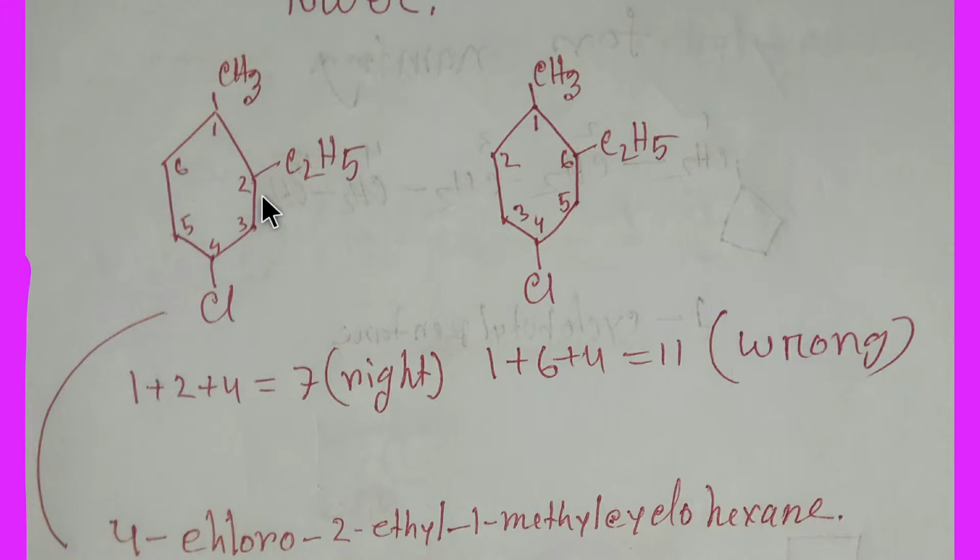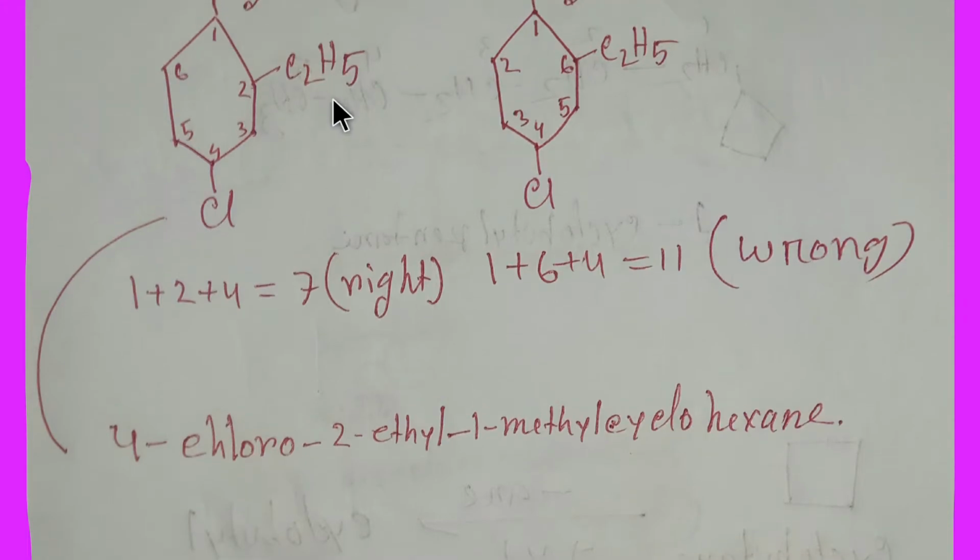This is 1, this is 2, this is 4. The summation of these three numbers is 7, but if you number this compound anti-clockwise, then you get 1, 4, 6, which is 11. So the sum in this case is higher, and the higher one will be rejected.